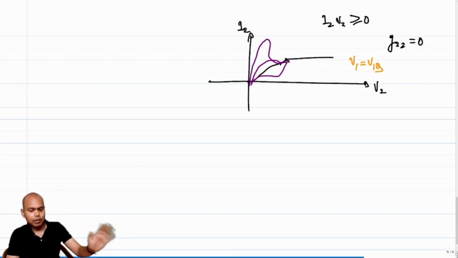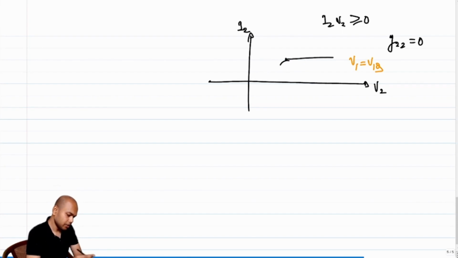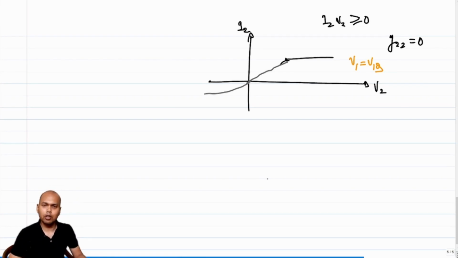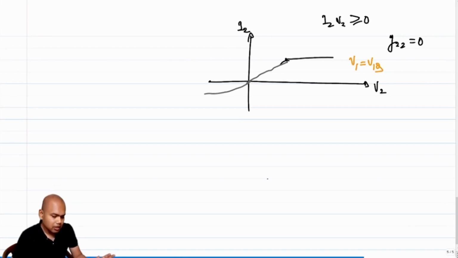It doesn't really comment on how it is going to drop, but all it says is that this current has to change from whatever value it had to 0, and maybe it can go down into the third quadrant also if necessary, right? That's all that this is telling us.